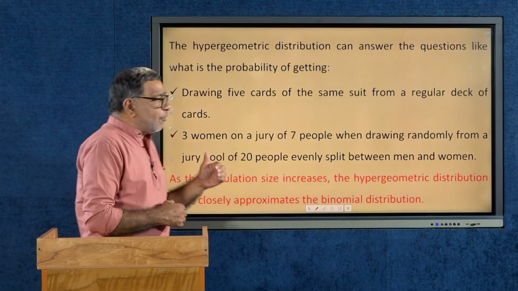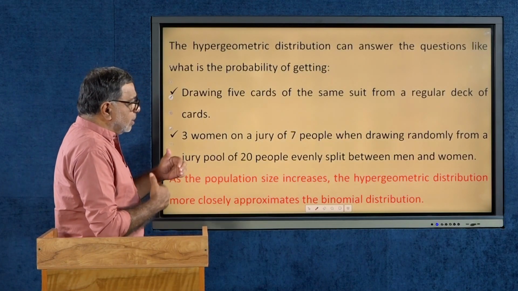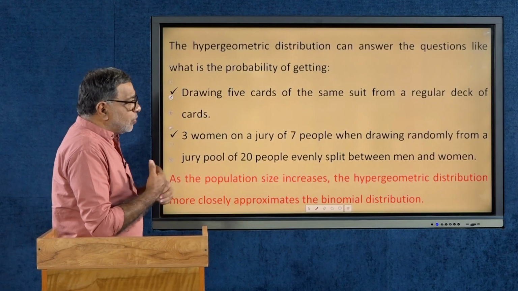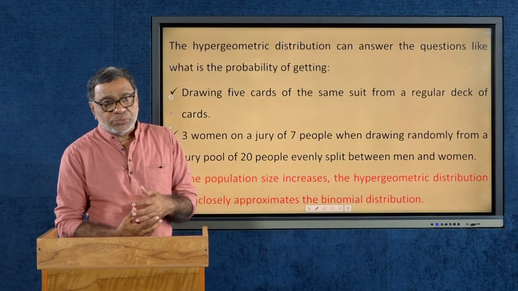As the population size increases, the hypergeometric distribution more closely approximates the binomial distribution.